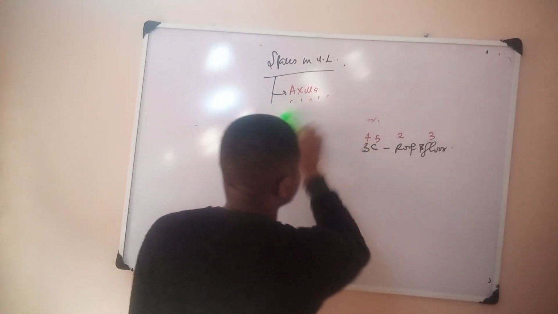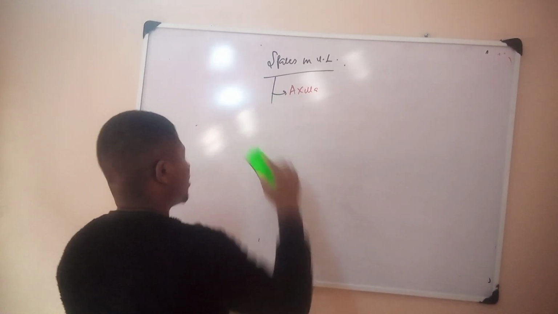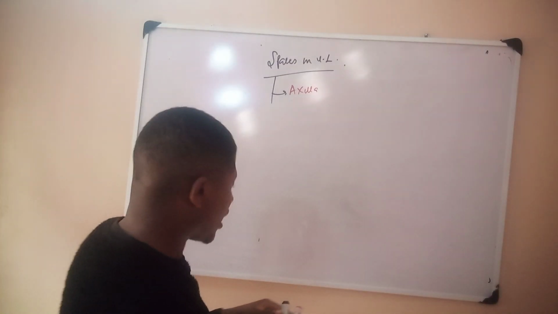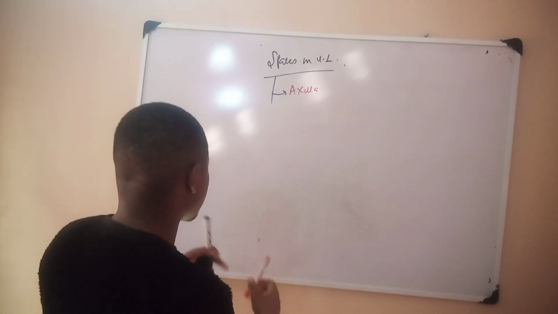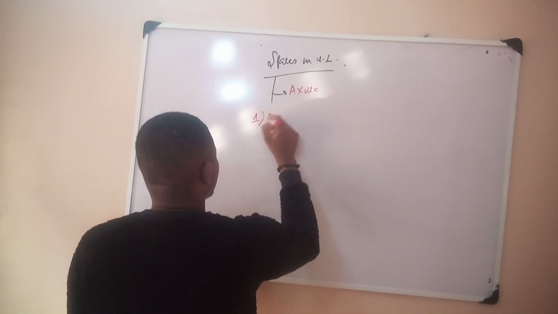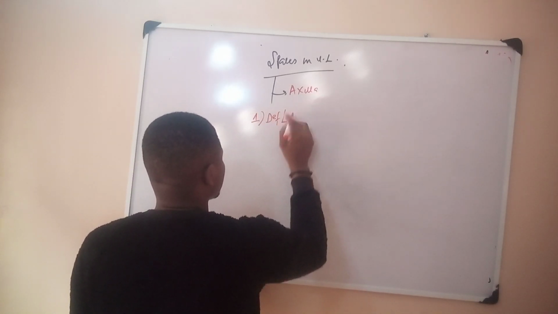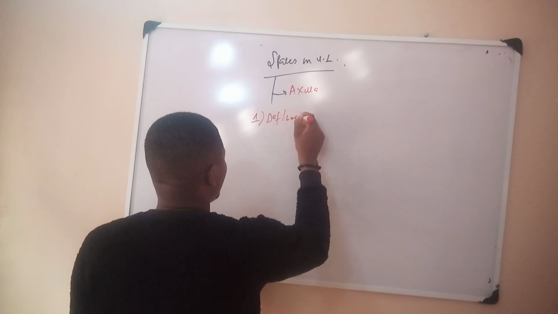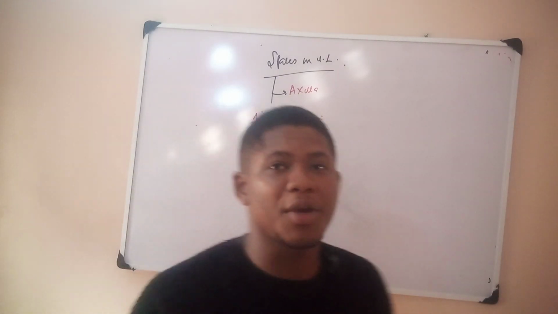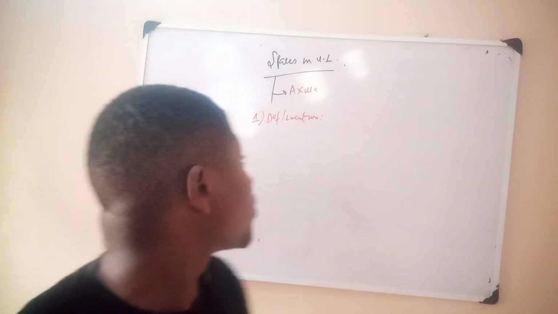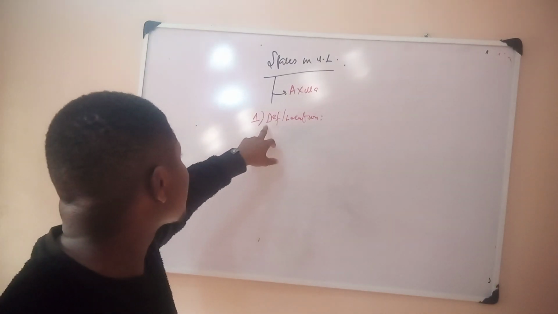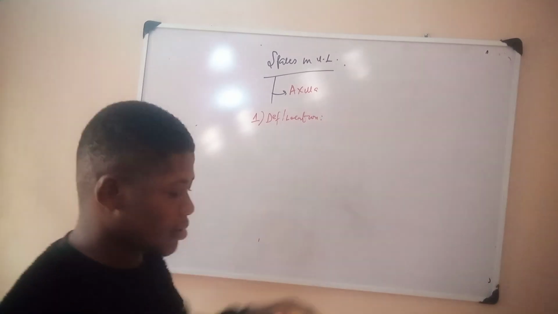Okay, so let's start with the axilla. First of all, number 1, definition/location. If you remember, you define using the shape, then locate.